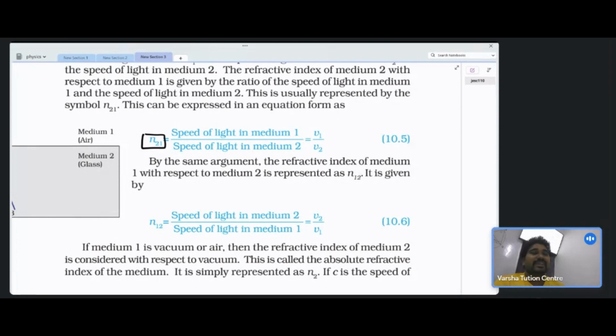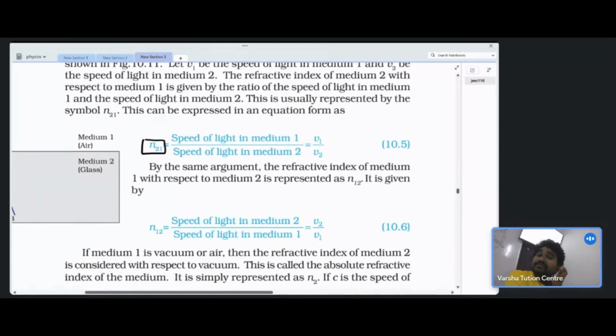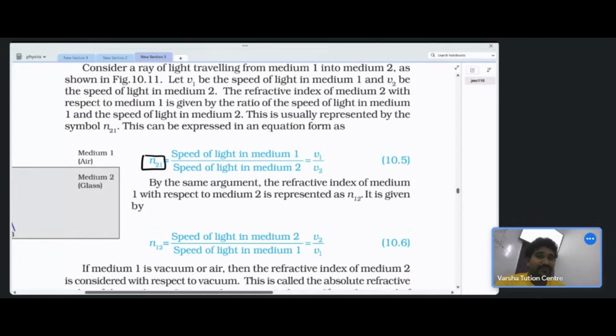You have to be very clear. See here, n21 is medium 2 with respect to medium 1 only. Don't see that as speed division. What is the meaning of n21?